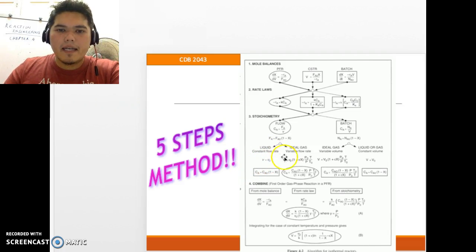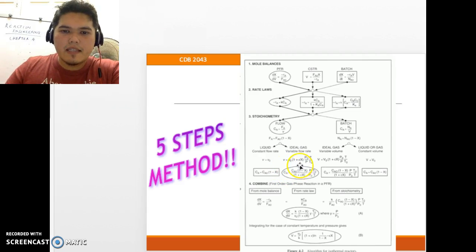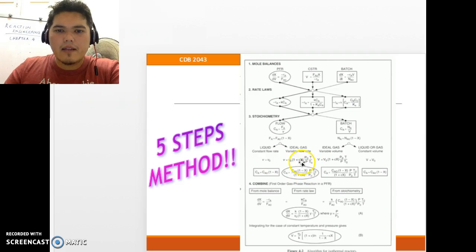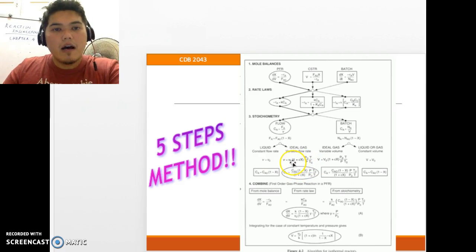But then we also learned that if there is a gas phase present, there is a variable flow rate in the flow reactor, which means that you have to introduce the expansion term epsilon, and you should already know how to calculate your expansion term epsilon.